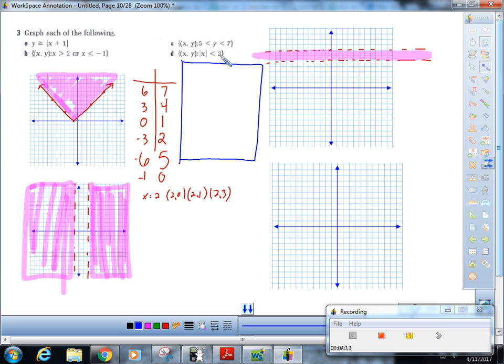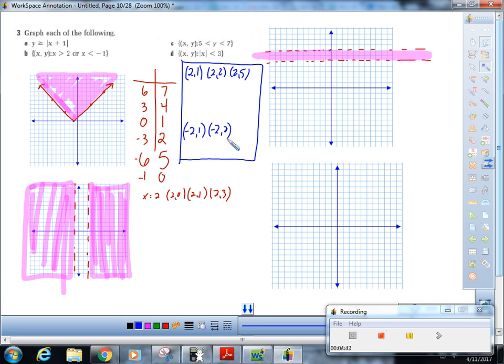And it cannot be 4. So, some points that work: (2, 1), (2, 2), (2, 5), (-2, 1), (-2, 2).